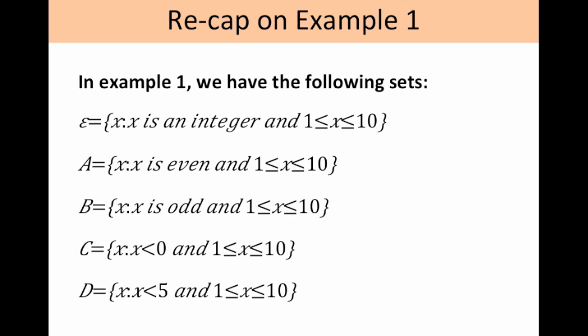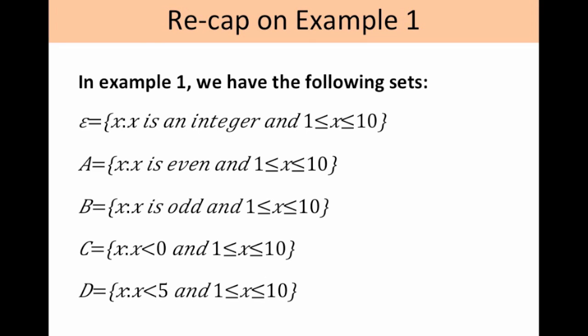Recall that in example 1, we have the following sets. The universal set consists of all the integers between 1 to 10 inclusively. The set A consists of 2, 4, 6, 8, 10, which are the even integers in the universal set. The set B consists of 1, 3, 5, 7, 9, which are the odd integers in the universal set.